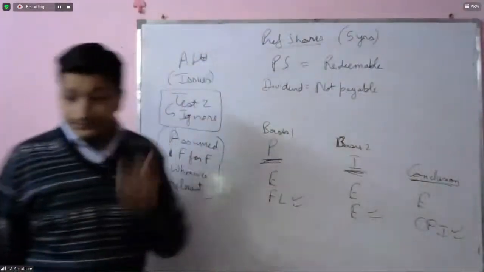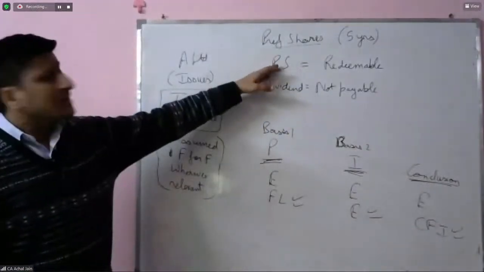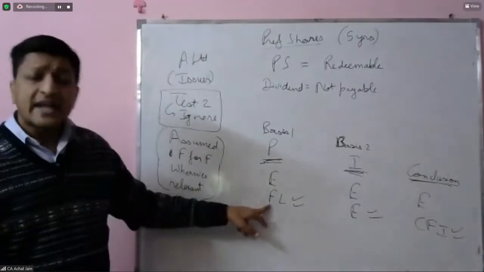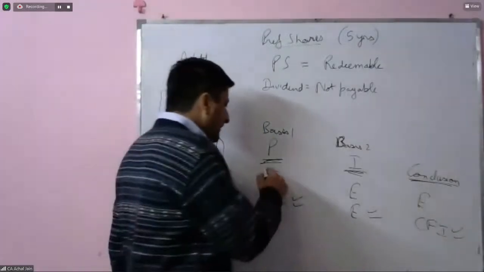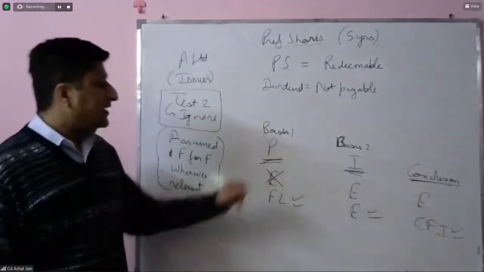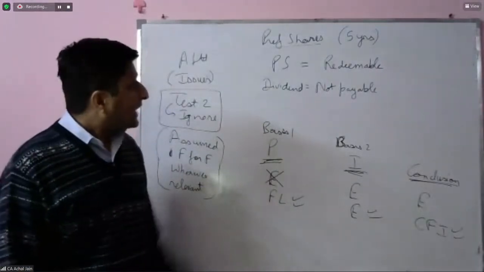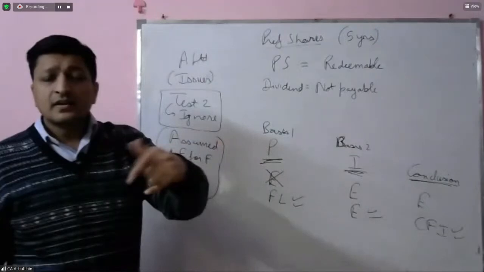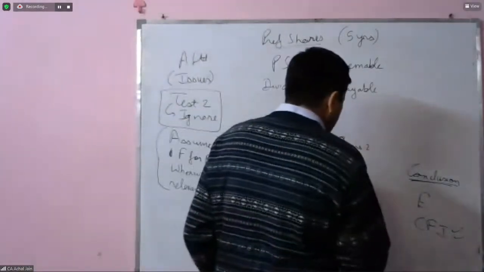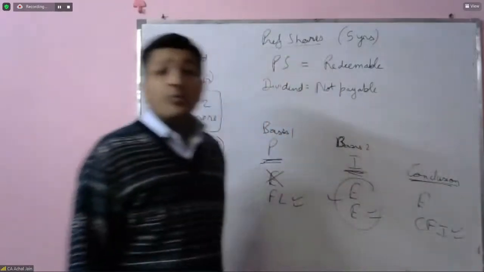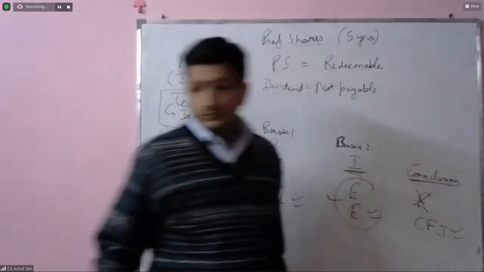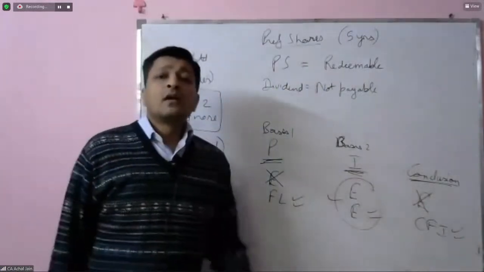Okay, great. Now in this case, principal is redeemable, so it has to be a financial liability. It cannot be equity. I think you need to revisit your answer, please. Why did you call it equity? And in this case, dividend is definitely not payable, so it has to be equity. So this is fine. Now the moment we say there are 2 components in the instrument, what would it become?